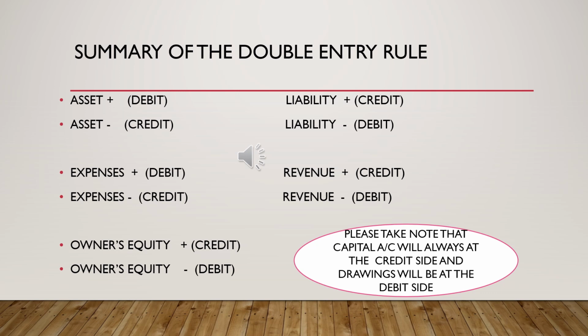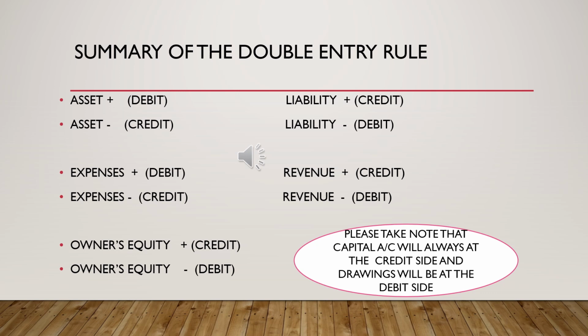Next, we have owner equity. Increase in owner equity needs to be recorded at the credit side. Meanwhile, decrease in the owner equity needs to be recorded at the debit side. Liability. Increase in the liability needs to be recorded at the credit side. Meanwhile, decrease in the liability needs to be recorded at the debit side.